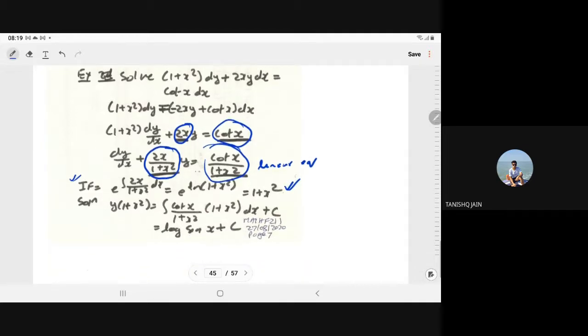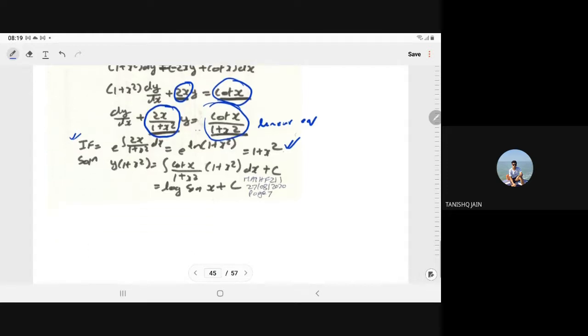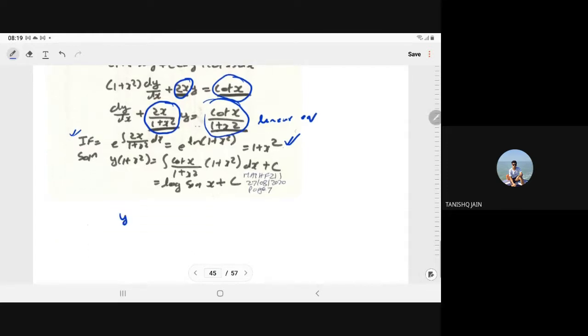So what is the solution? The solution is y into integrating factor is equal to integral integrating factor into Q into dx plus c. So here we have y into (1 plus x square) is equal to integral of Q, which is cot x upon 1 plus x square, into 1 plus x square dx plus c.